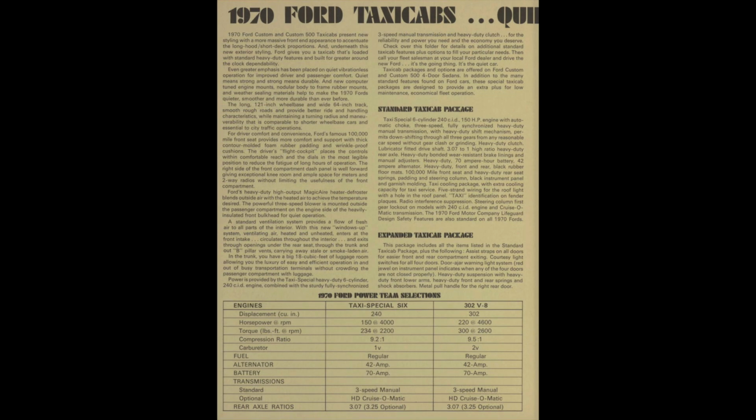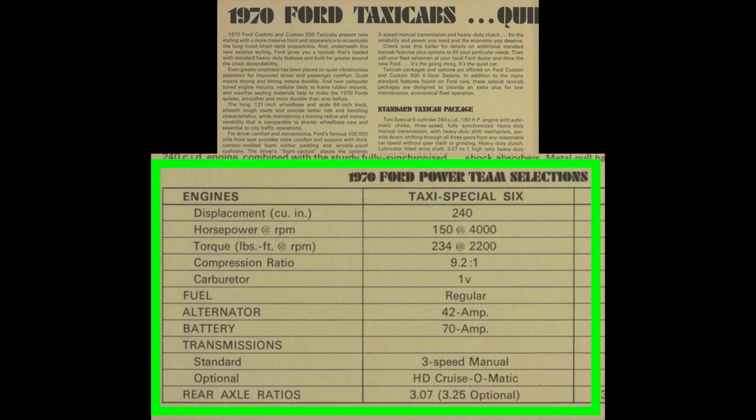The table at the bottom of page 2 provides details about the Taxi Special 6. Like the V-code 241 barrel and the B-code 241 barrel police inline-six engine, the E-code 241 barrel taxi engine is listed as developing 150 horsepower at 4,000 RPM and 234 pound-feet of torque at 2,200 RPM with a 9.2 to 1 compression ratio.